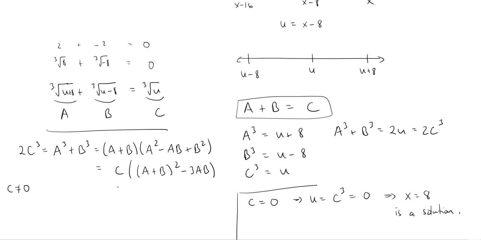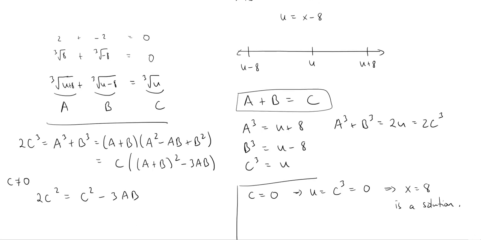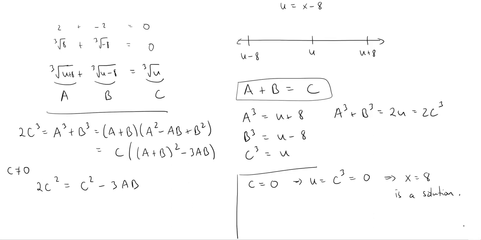So in that case, I can divide by c, and I get 2c squared is equal to, okay, this c goes away, and now I have a plus b quantity squared, but again, a plus b is equal to c. So I get c squared minus 3ab. All right, well, of course, I can drop one of these c squareds, and I get c squared is equal to negative 3ab.